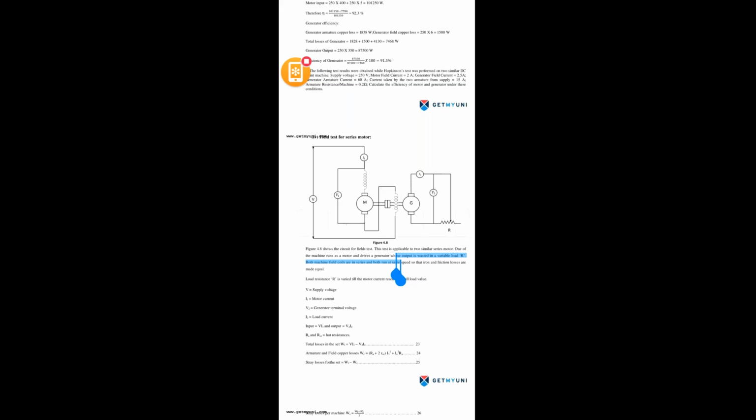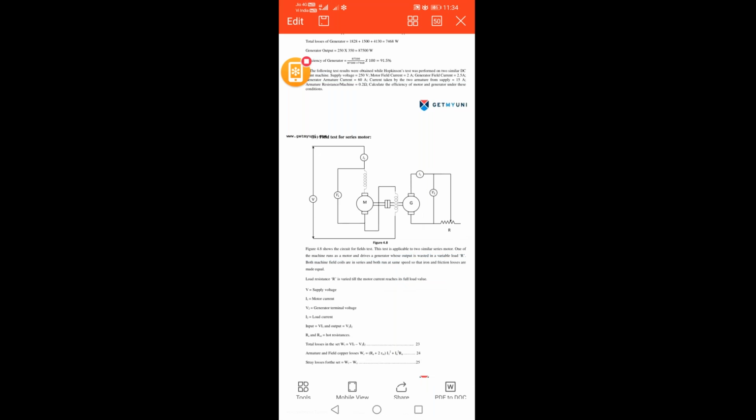By using these parameters, we need to find the efficiency. For motor efficiency, we can write in terms of electrical energy: input minus losses divided by input, into 100. Here the input power is V into I1, minus losses. Here the losses are armature copper losses, field copper losses, and stray losses.